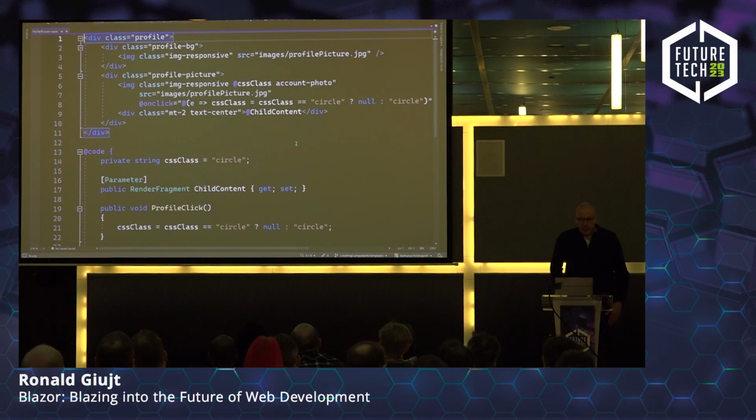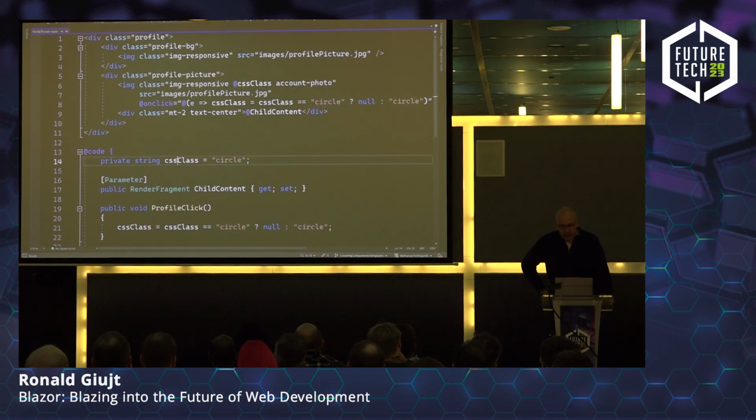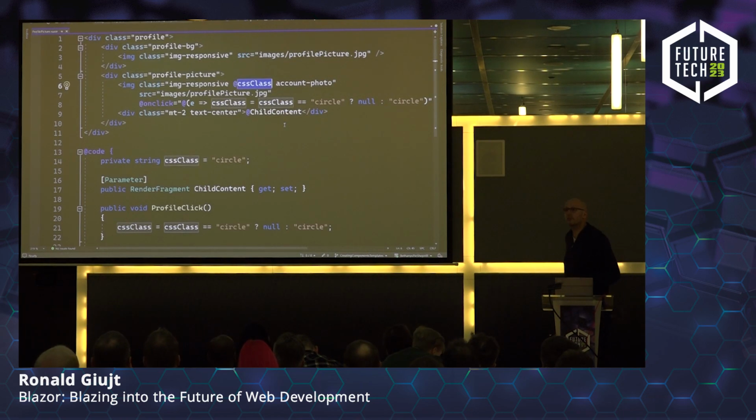Okay, so we have this little markup, and we have this private string CssClass, which the default value is circle. So now, where is CssClass used? It is used here in this img. So we're just rendering an img, a picture, and we give it CSS classes, and one of the CSS classes can be the value for this private field.